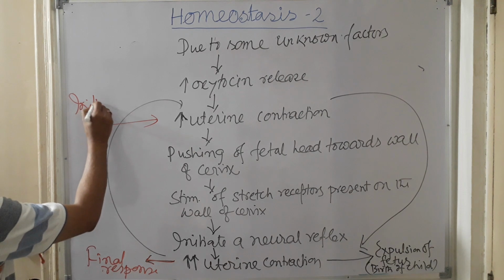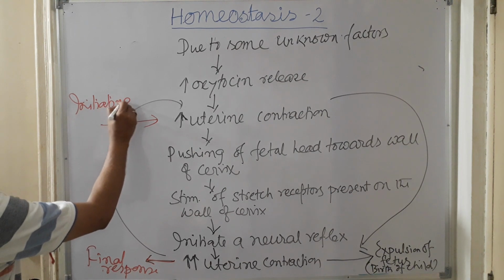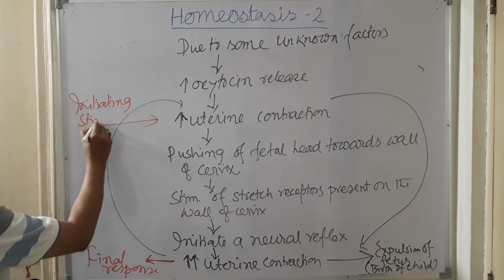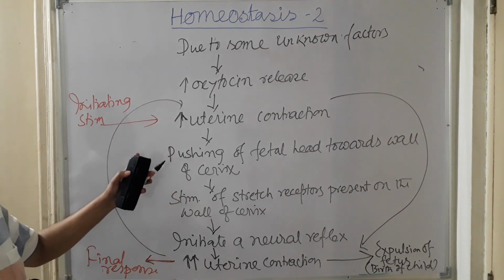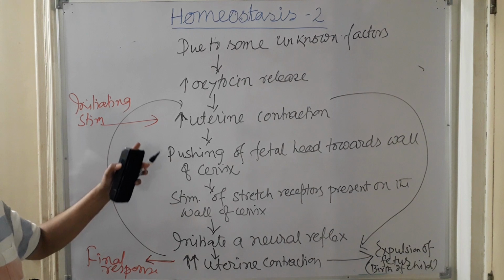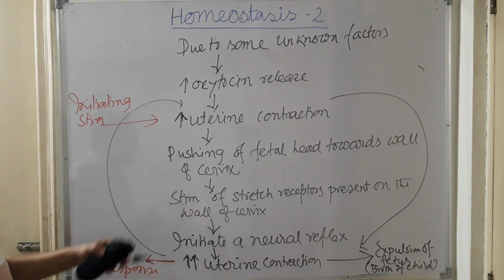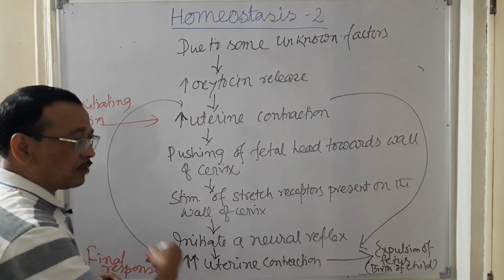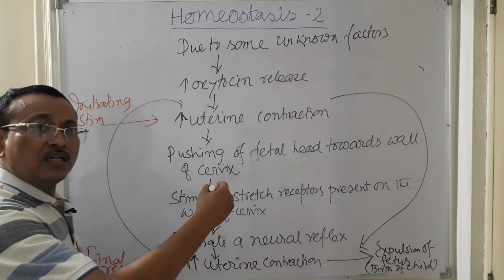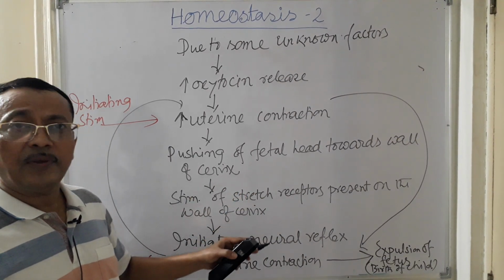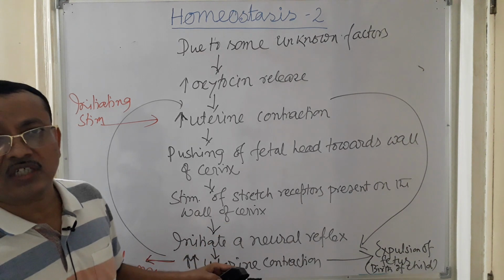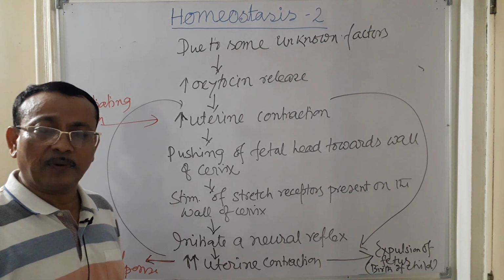Both the initiating stimulus and the final response are the same. As both are the same, it can be termed a positive feedback mechanism, and this mechanism ultimately helps to maintain the homeostasis of the body by helping the baby to come out of the uterus at the end of the pregnancy.